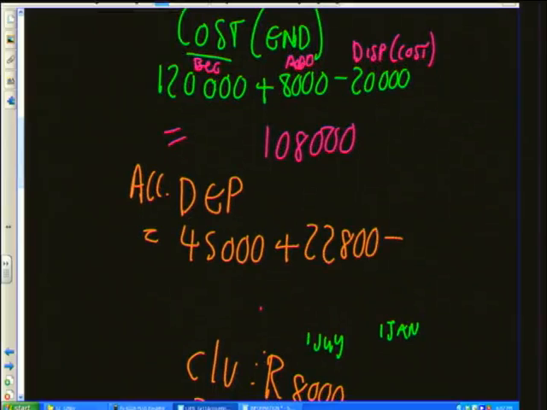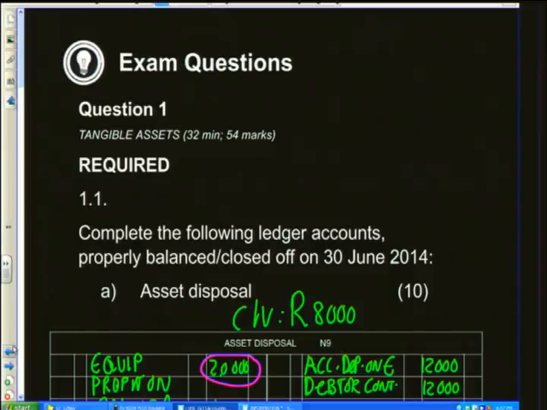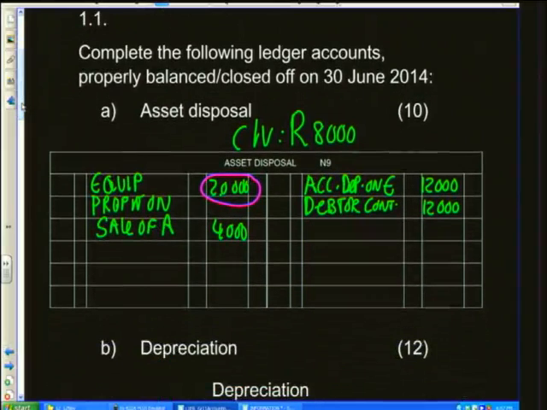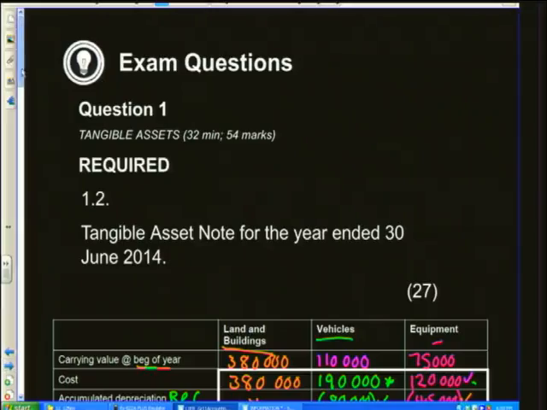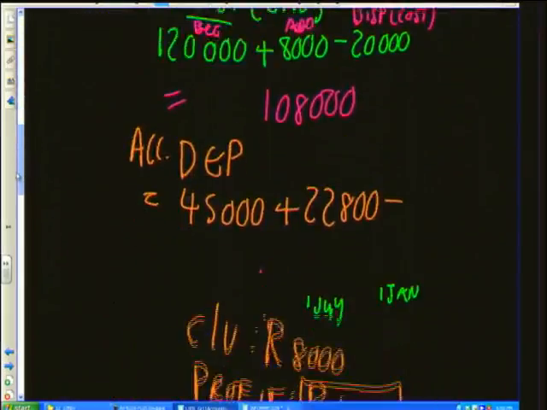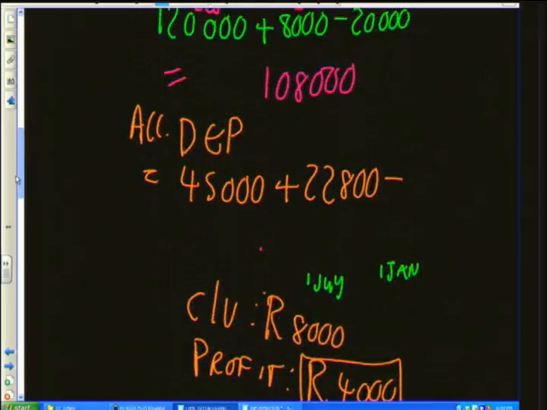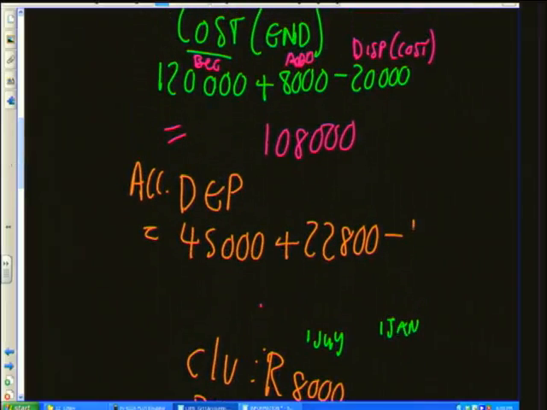But we also need to subtract the accumulated depreciation that was transferred to asset disposal. That was an amount of 12,000, so minus the 12,000.